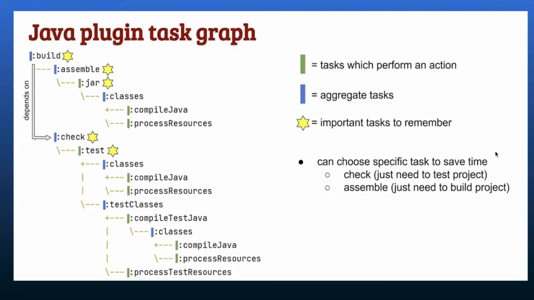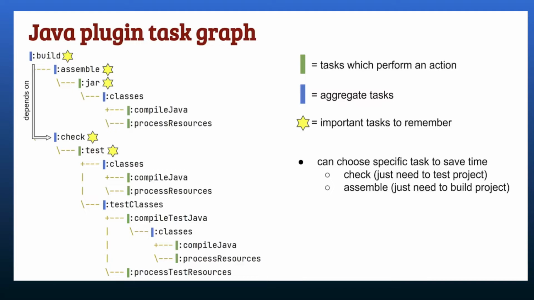And this is a very important slide, the Java plugin tasks. Basically Gradle actually runs tasks, and every point is a task. For example, build is an aggregated task. This task does assemble and check, these two main tasks, behind the scenes.